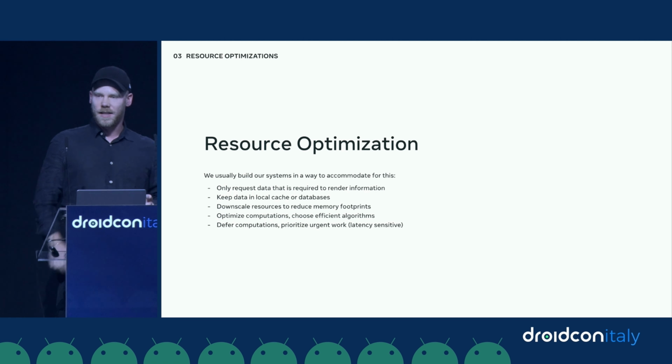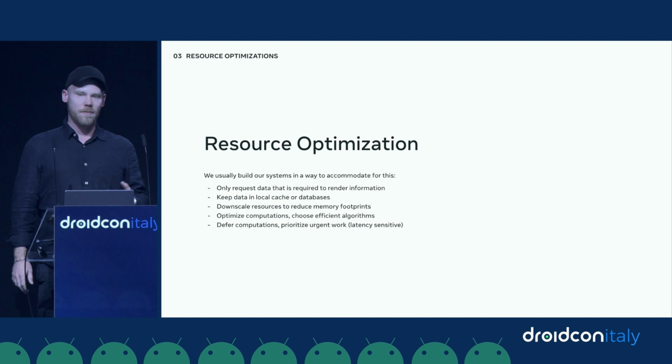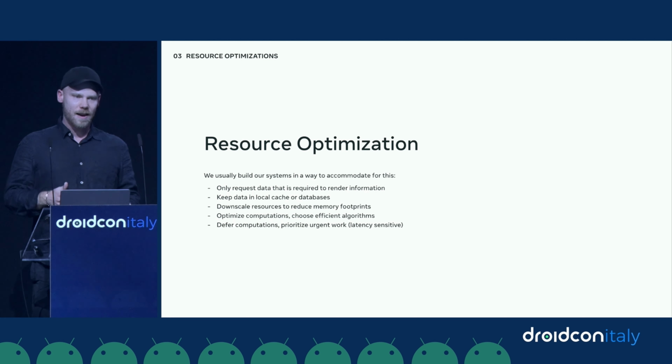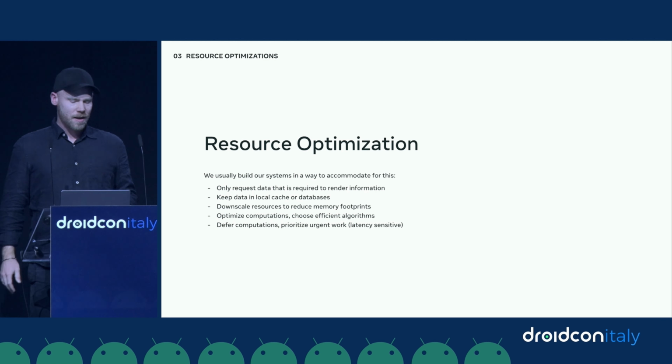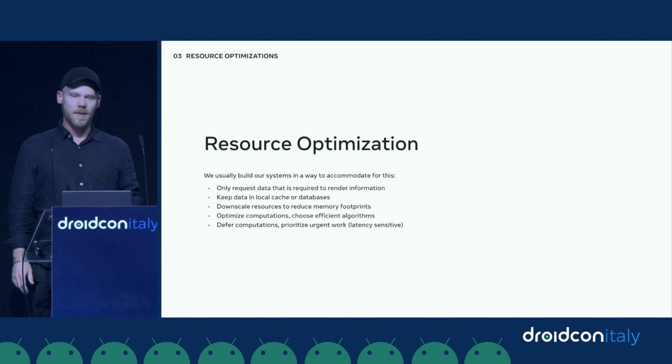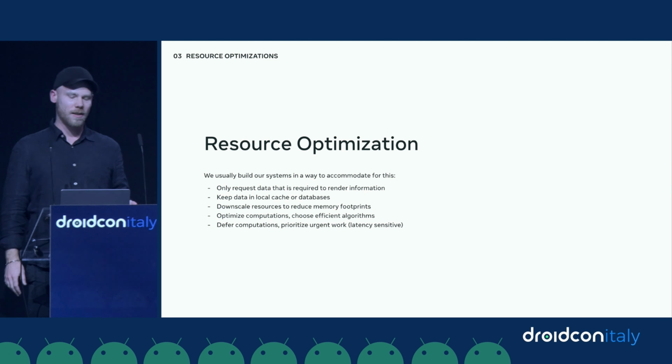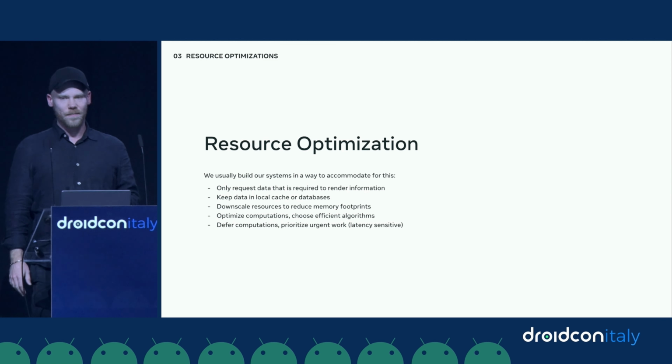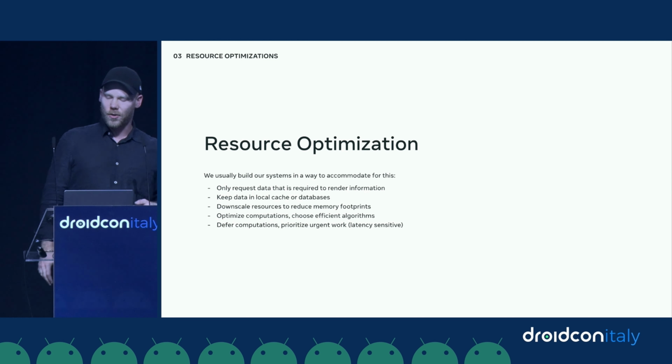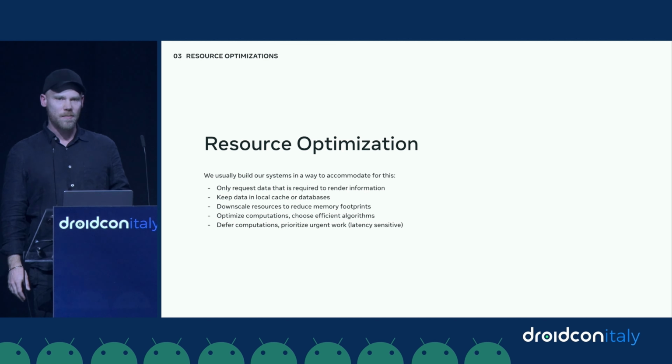So in a nutshell, that means we only request data that is required at the specific moment in time. We can do some prefetching here and there, but it needs to be justified. We keep data in the local caches and databases. We keep it around just to make sure that things render fast, that our TTRC, the time to rendering content, is as low as possible. We are downscaling resources to reduce the memory footprint and the memory pressure.